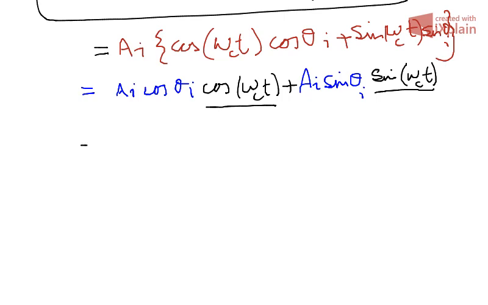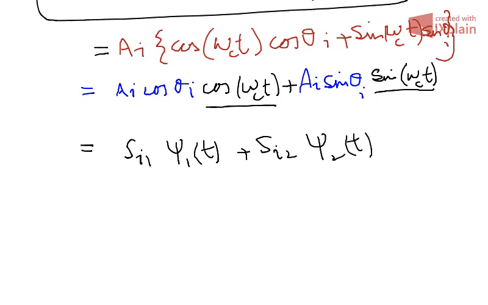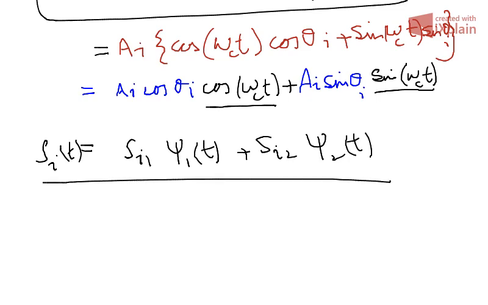So if I just directly write it in this form as Si1 psi 1 of t plus Si2 psi 2 of t, this is my symbol Si of t. So our QAM symbol is a linear combination of Si1 and Si2, which you can observe from the above expression.